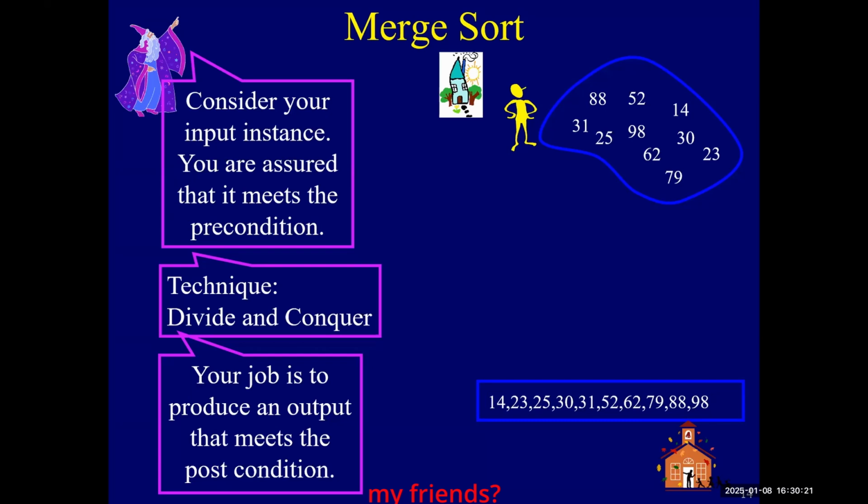So what do I give my friends? Well, the precondition is that I have a set of numbers, so what I give my friend has to be a set of numbers. And if I have n numbers and I'm cutting it in half, then I give my friend n over 2 numbers. And let me tell you right now, there are so many details and nuances in coding.